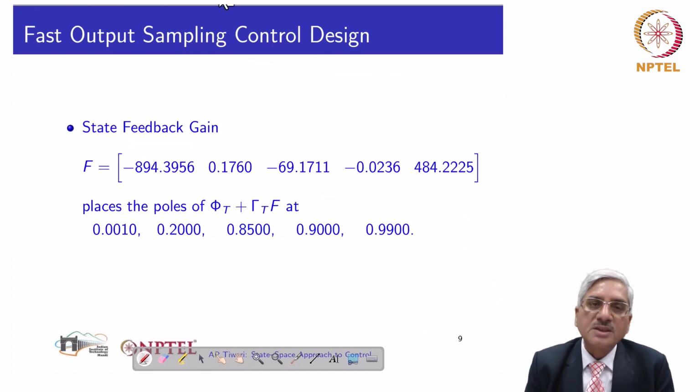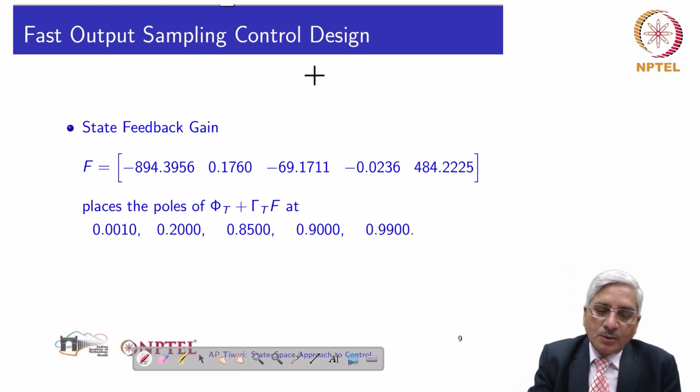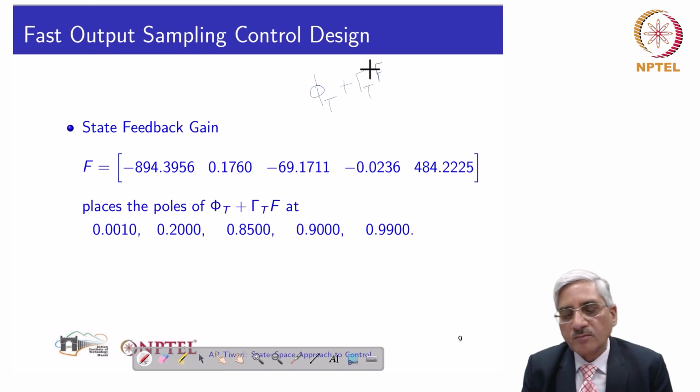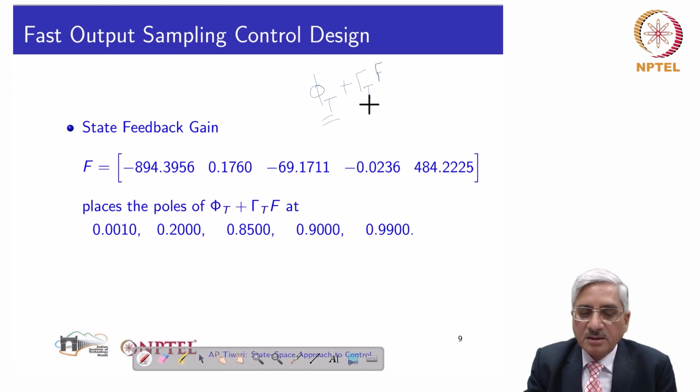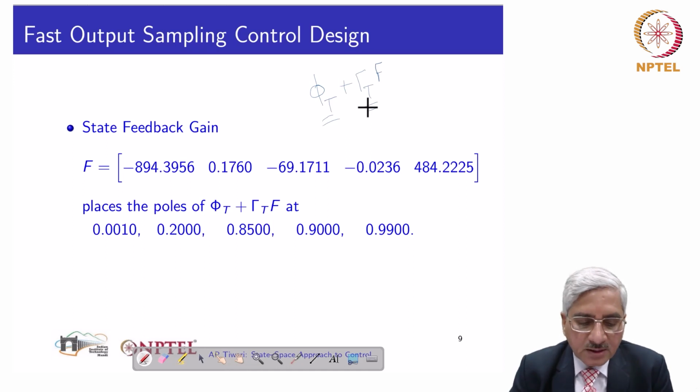Now we have to design a state feedback gain F to stabilize and get good transient response for this system. This phi T and gamma T are the system and input matrices for the system sampled at the rate 1 by T, and F is the state feedback gain.